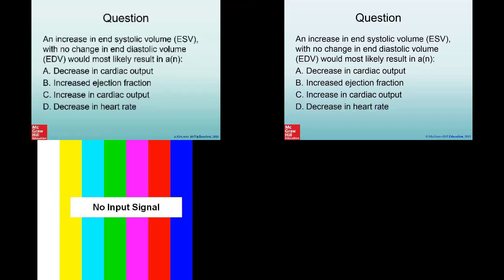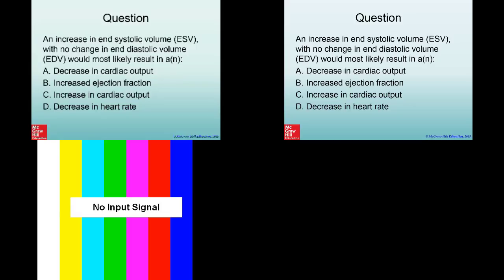So an increase in end systolic volume with no change in end diastolic volume is going to cause what to happen? The most likely effect. What do you think?